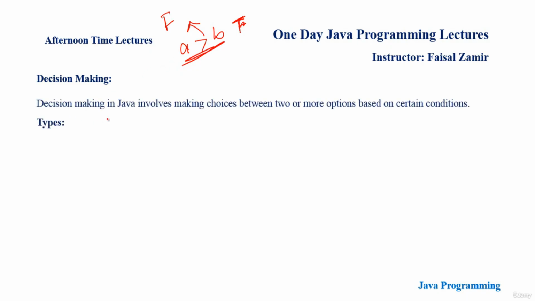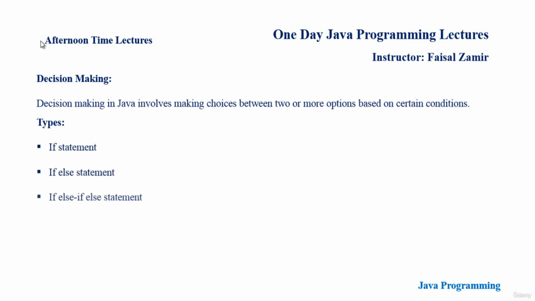This is a structure in Java involving making choices between two or more options. Among those options, only one will execute. Only one statement, set of statements or a specific code will execute on the basis of the condition. The if statement, if else statement, else if ladder, switch statement, and also the ternary operator are used in making a decision making structure.